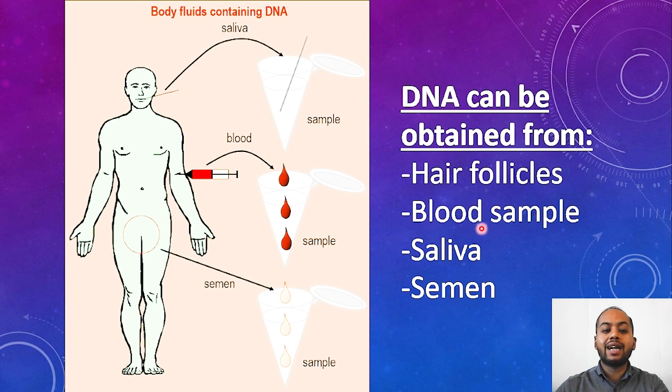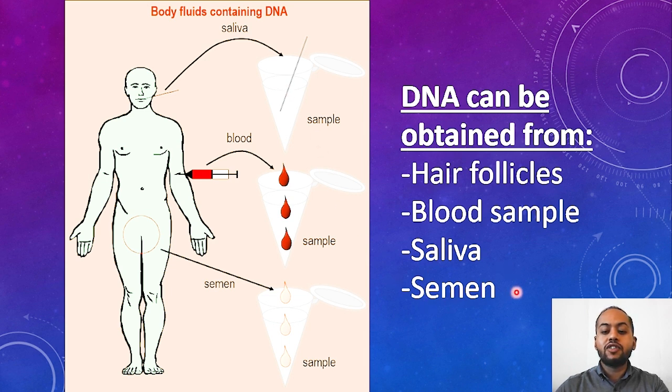Secondly, from a blood sample. If you look at this injection, you could basically remove blood from your body and place it into a little tube, and a blood sample can then be used to analyze your DNA. Thirdly, saliva. You could take saliva from your mouth, and inside your saliva you can also obtain DNA.